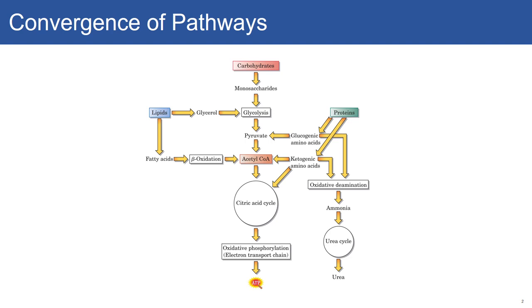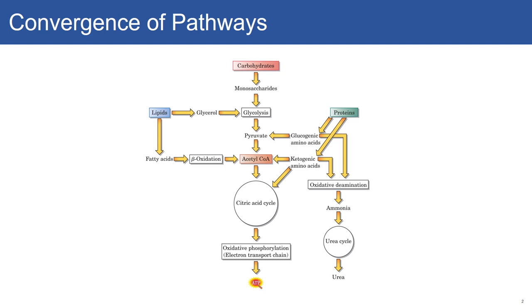There's a few other things that we'll discuss in here, gluconeogenesis and a few other things that will round things out. But this is the general pathway of catabolism. Generally we talk about the workhorse of this process, and the important part for you to know is the citric acid cycle.